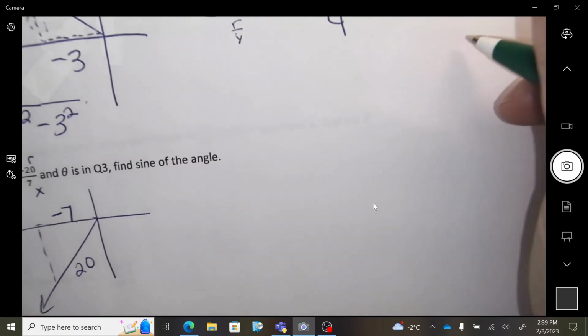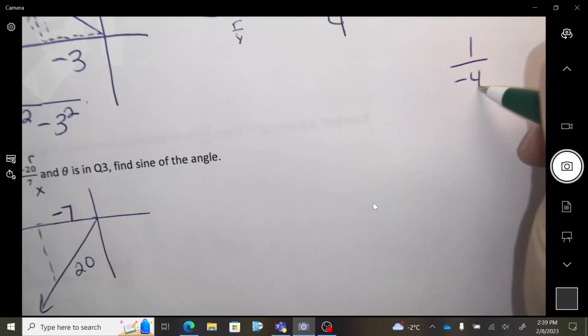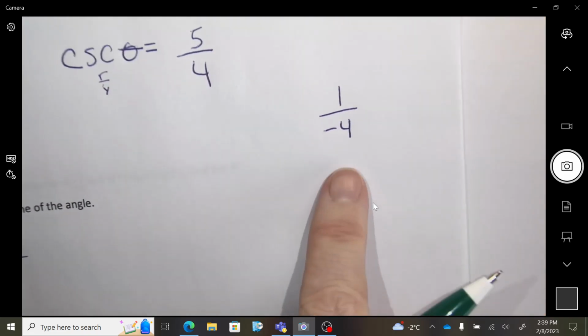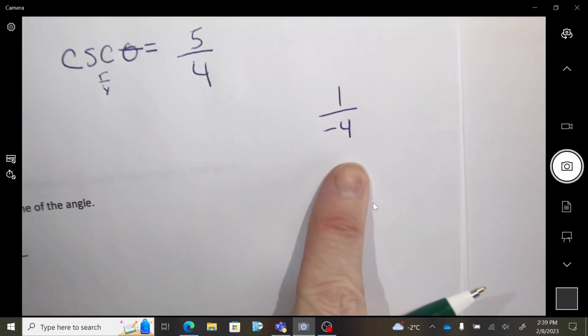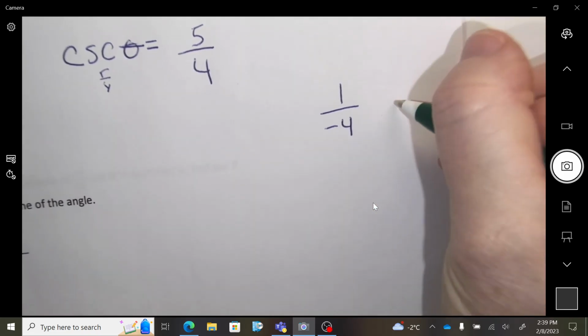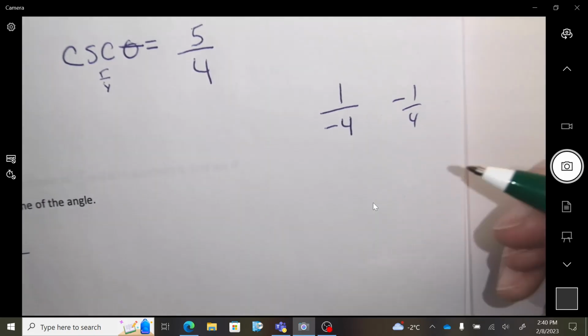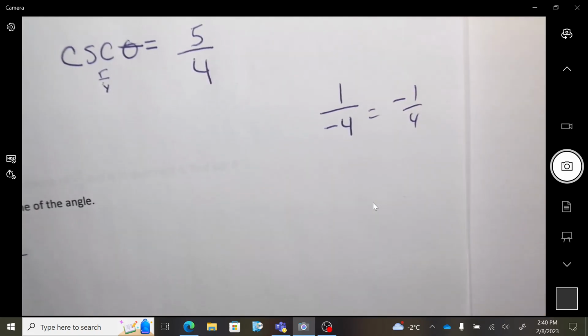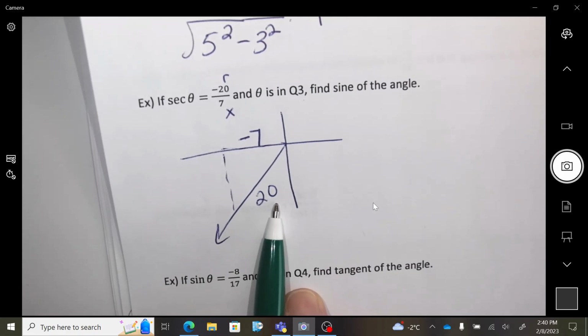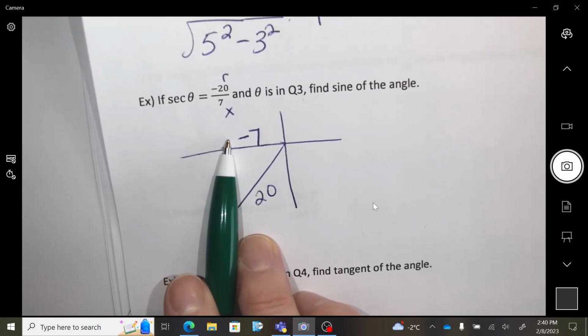In math, I would never write a number like this. It's kind of a math rule. I would just write that like that. You just need to know that one of them is negative, and obviously the R is positive, and I can see that the X is negative.